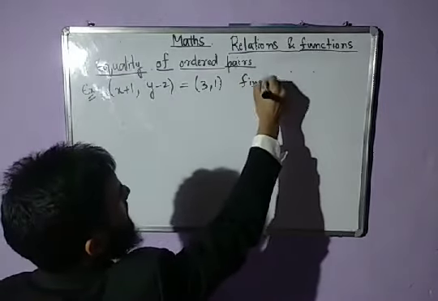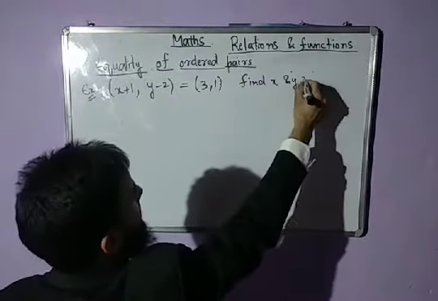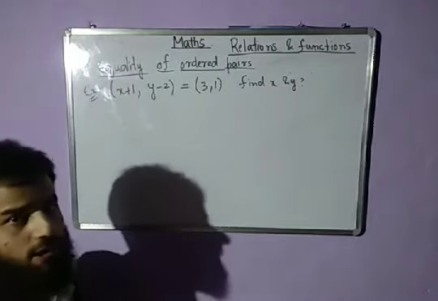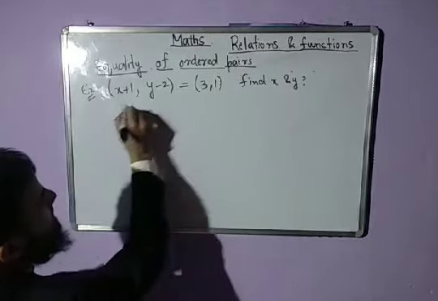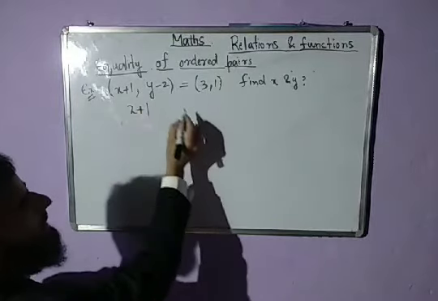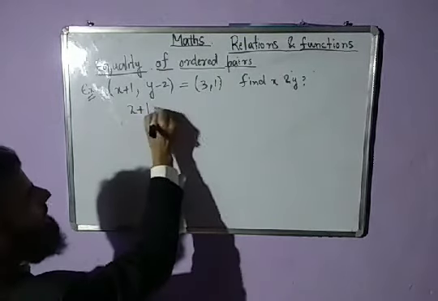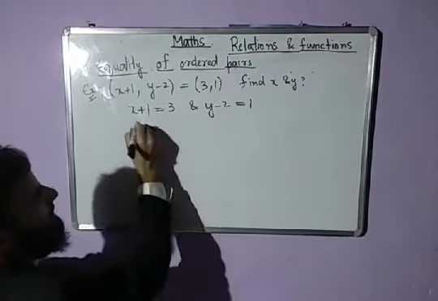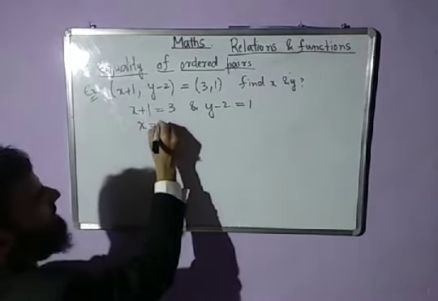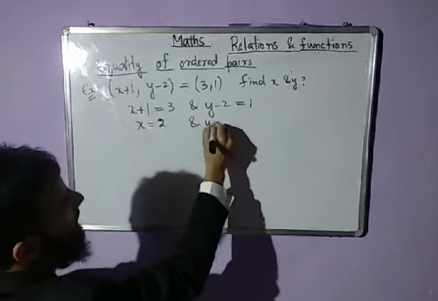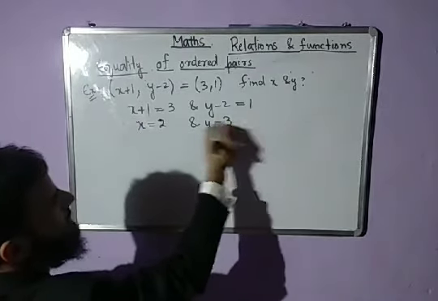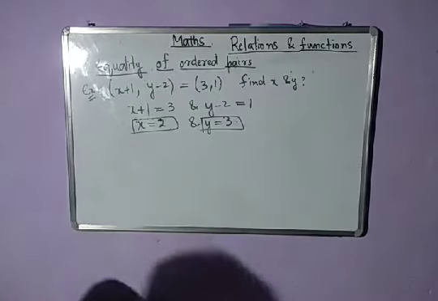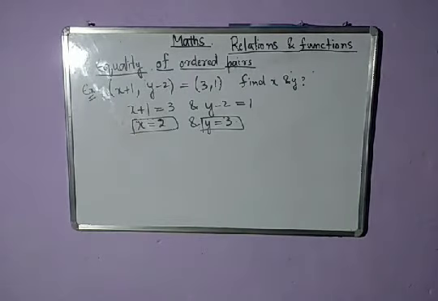You have to find x and y. Now by the definition of the equality of ordered pairs, these two should be equal if and only if x + 1 is equal to 3 and y - 2 is equal to 1. Here we'll get x is equal to 3 minus 1, which is 2, and here we'll get y is equal to 1 plus 2, which is 3. So we have calculated x is equal to 2 and y is equal to 3.